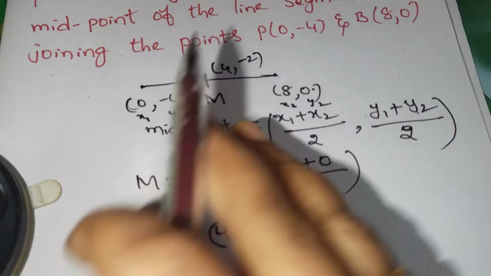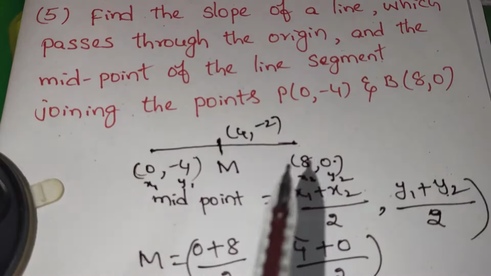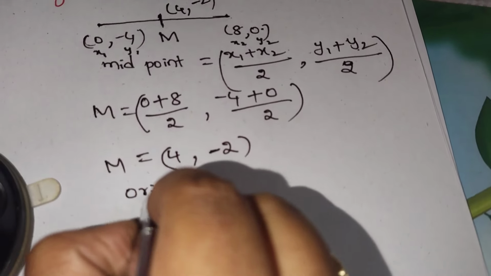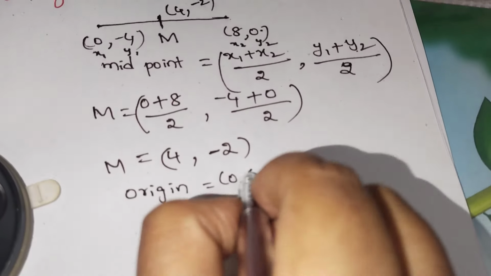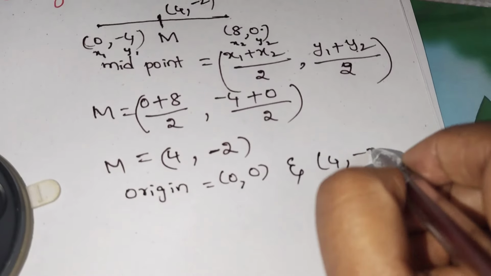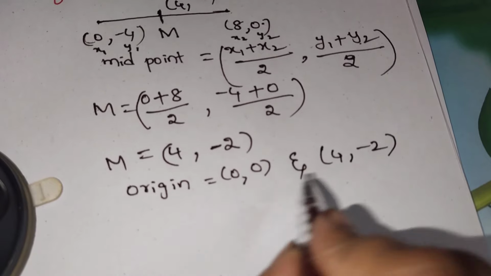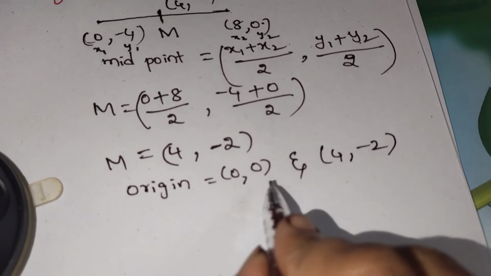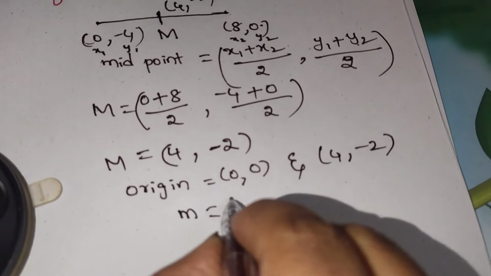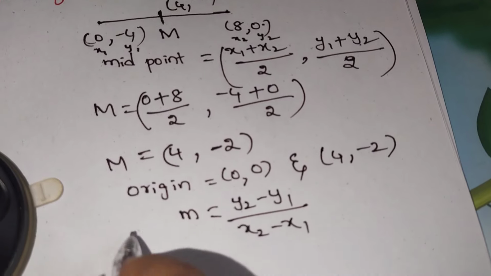After getting the midpoint, we read the question. Find the slope of a line which passes through the origin and the midpoint. What are the origin points? Origin is (0, 0). And the midpoint we got is (4, minus 2). Now find the slope of the line passing through these points. When we know 2 points, how do we find the slope? Slope m equals (y2 minus y1) by (x2 minus x1).